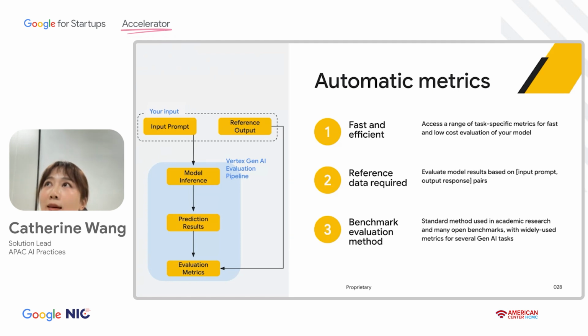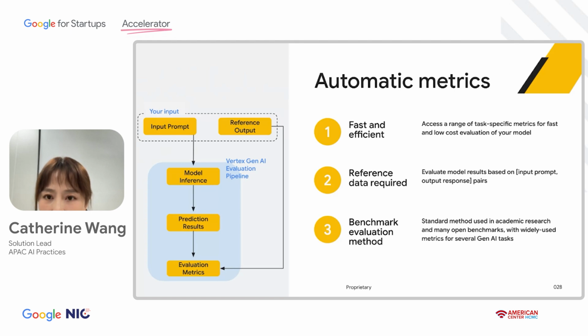When you are seeing Gemini taking the leaderboard of X, Y, and Z, that is primarily using those computational metrics. Those metrics are fast and efficient, right? And for specific tasks like summarization, Q&A, you can just use these metrics out of the box to quickly evaluate your model, and it is low cost.